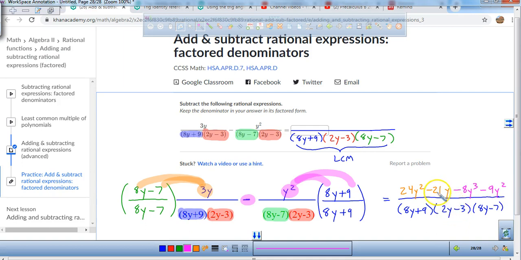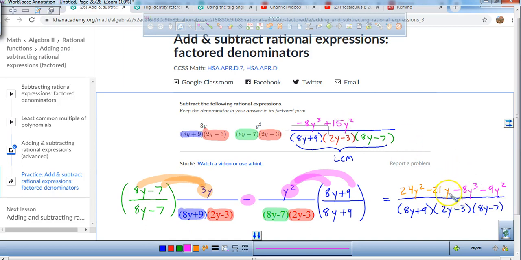So at this point, all we have to do is search for like terms. We don't have any other cubed, so I'm just going to put minus 8y cubed right there. Looks like we have 24y squared minus 9y squared, so that's going to give us a total of 15y squared.